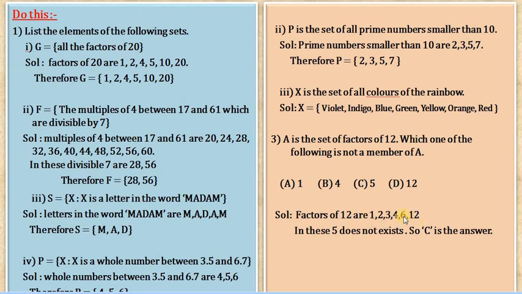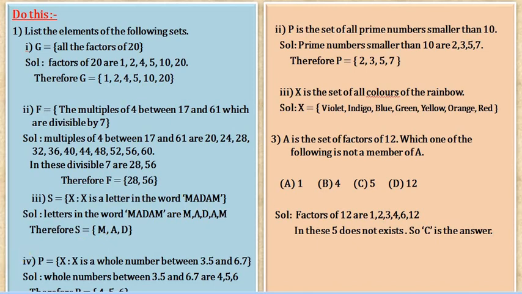Among these, 1 exists, 4 exists, 12 exists, but 5 is not found here. That means the value 5 does not exist in the group of factors of 12. So C is the right answer.